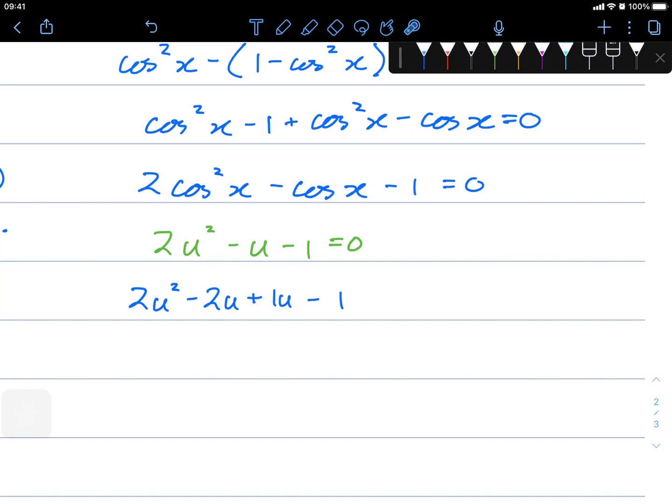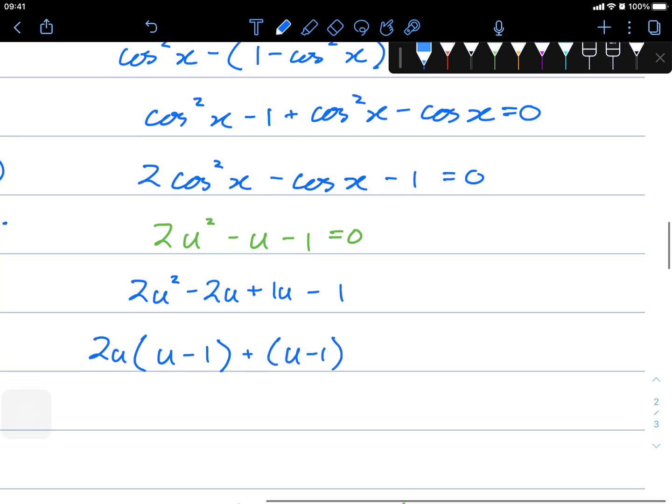If you take a look, -2 and 1 multiply to -2, and -2 plus 1 is -1. So that's what we're looking for. So 2u outside of u minus 1 plus u minus 1.